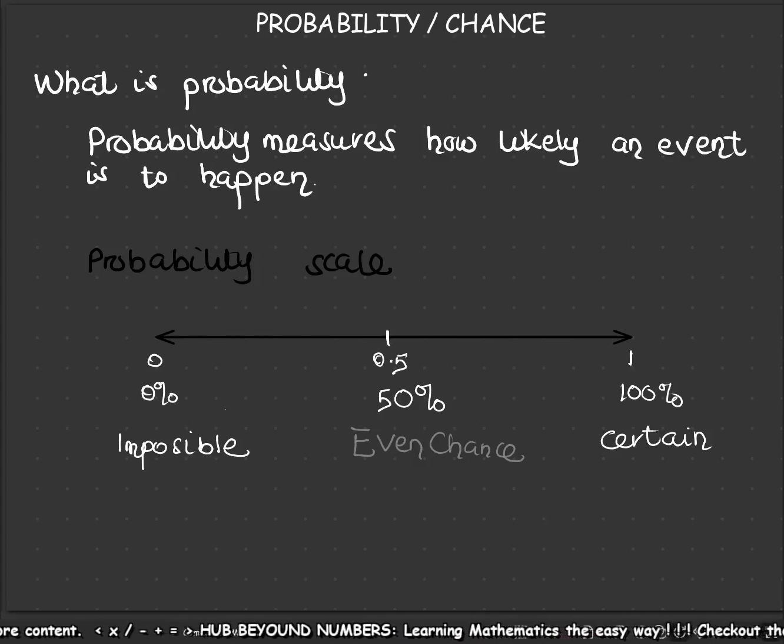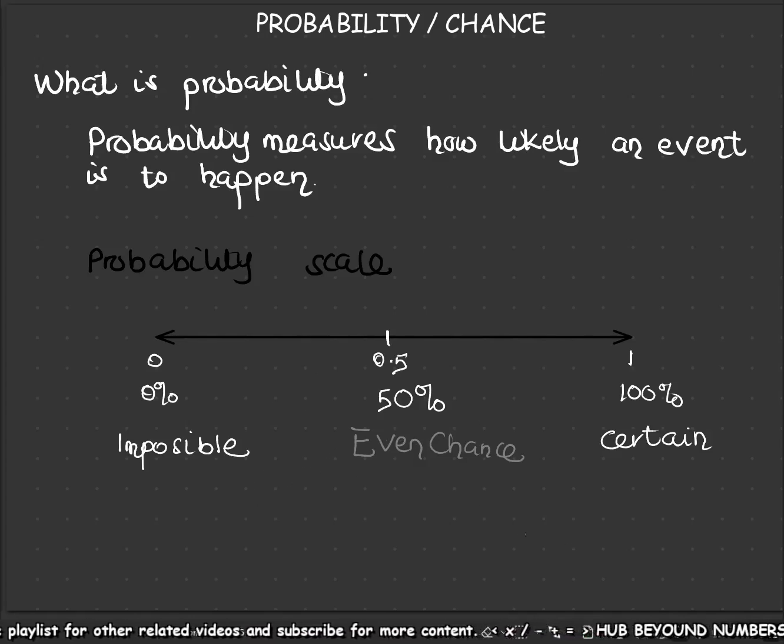That is the in between. If you take a coin and flip it, what is the chance that you get a head? There are just two faces. So you can get it, and you can also not get it. It has an even chance of occurrence. So this here is the probability scale.